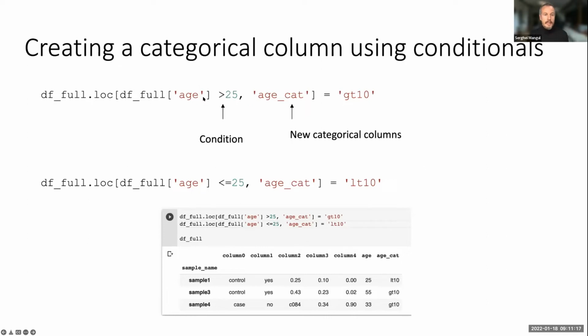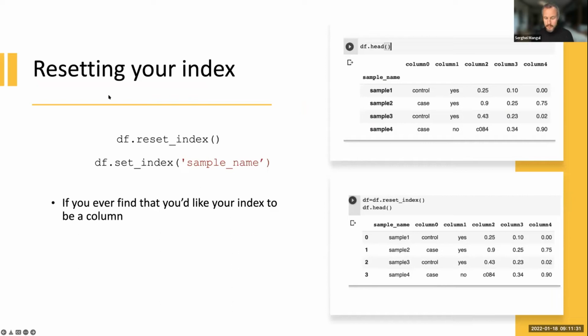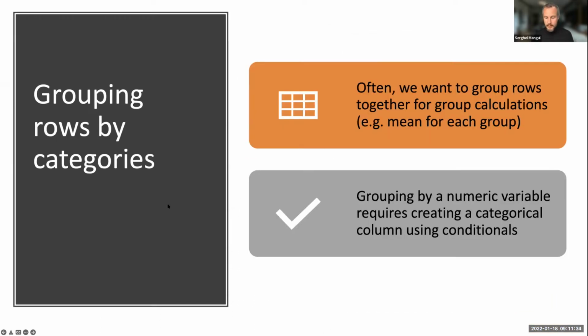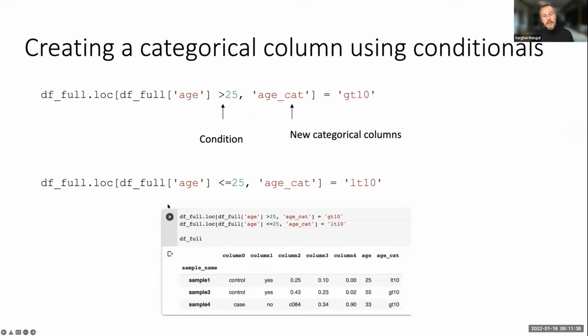Let's say we have age. We want to split people into age greater than 25 and less than 25.